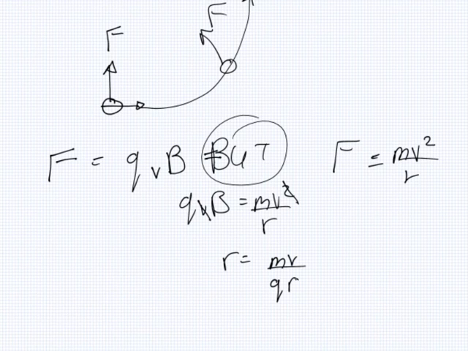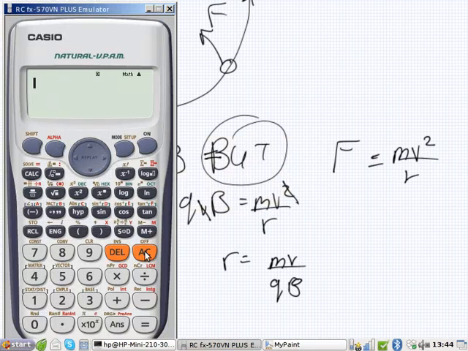Now, the m we know, and the Q, what? Oh, B, thank you. The B, I still have it on my calculator. And the charge is just an electron. The mass is just an electron. And the v is 39.6 times 10 to the 6.